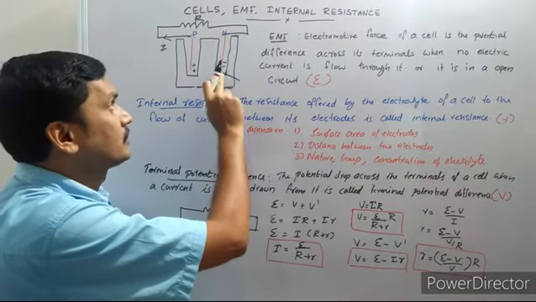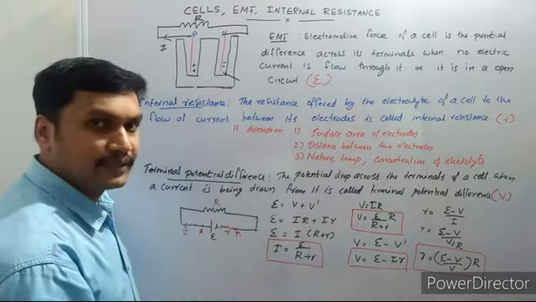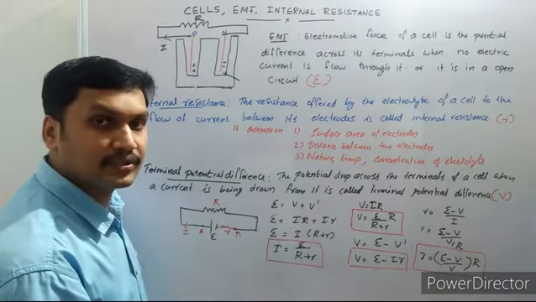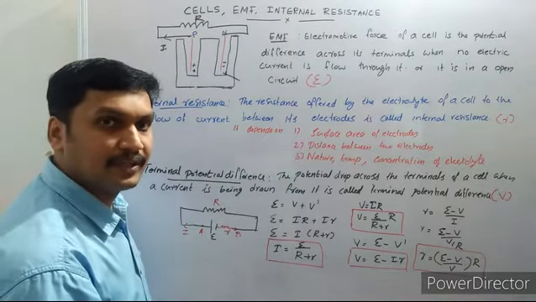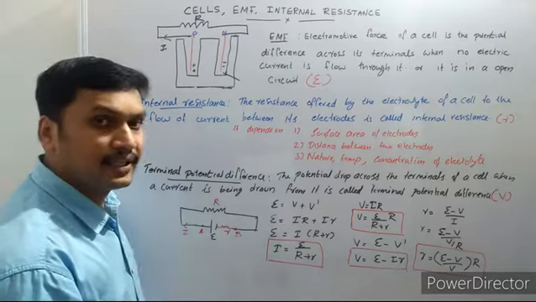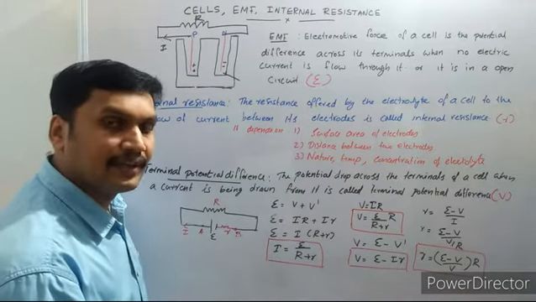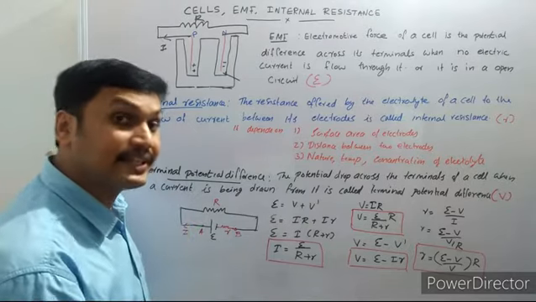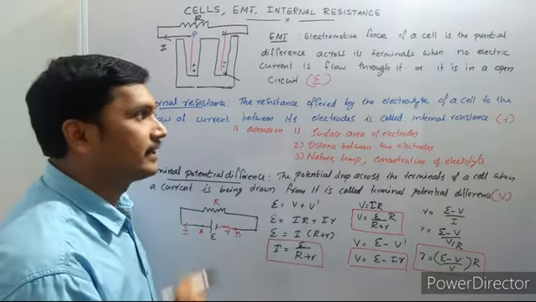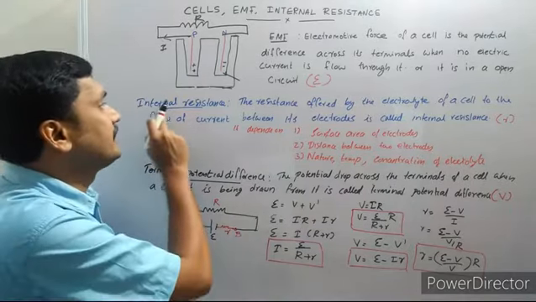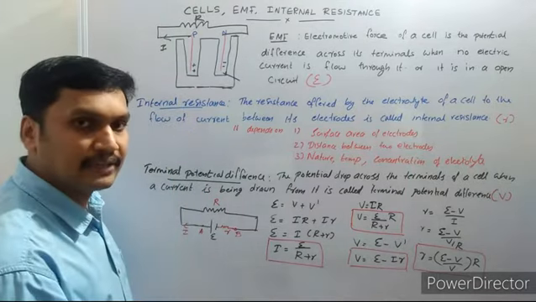When current is flowing through this electrolyte, it offers some resistance to the flow of current. That is, every electrolyte offers a very small resistance to the flow of current. Actually, that resistance is inside the cell itself, and that resistance we call the internal resistance of the cell.